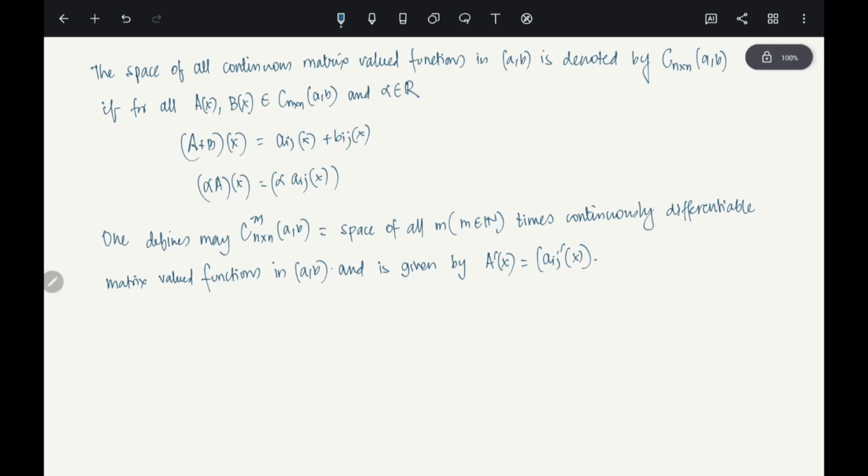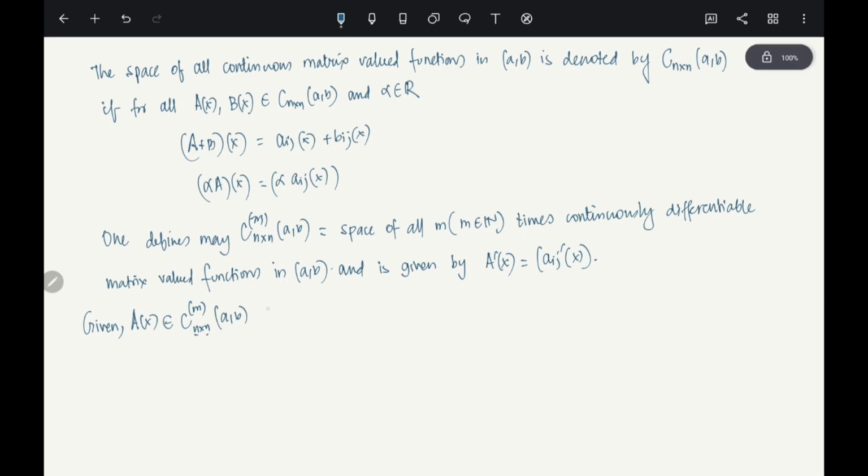This is very important, we are going to use this in C^m_{n×n}. The notations are quite a little complicated, so we have to keep that in mind. What specifically this means is, we are looking at n cross n matrices where every entry is at least m times continuously differentiable. That's what it says, nothing special, okay. And the functions all are defined on [a, b].